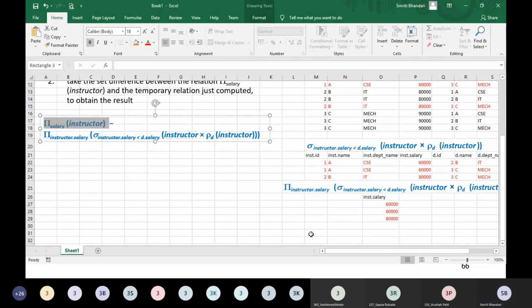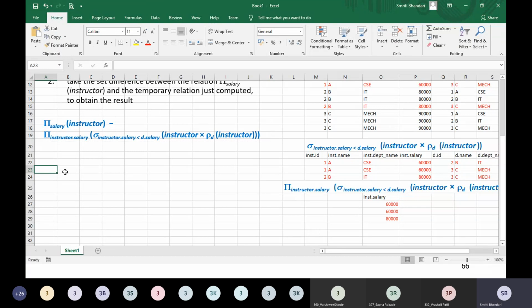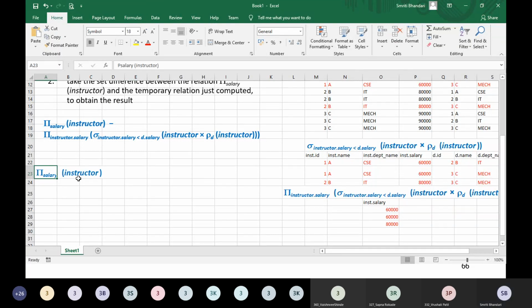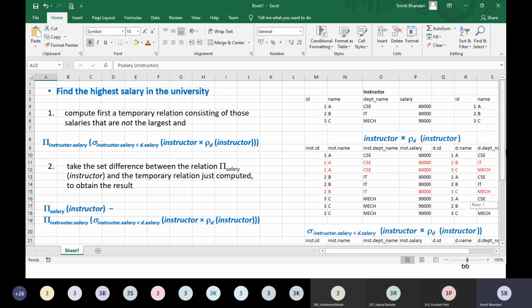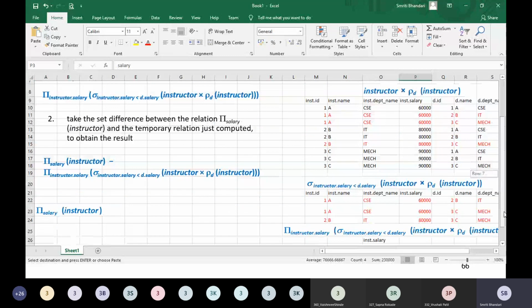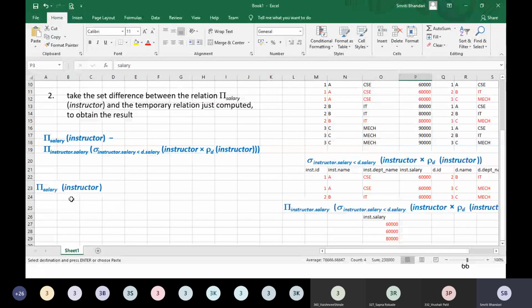So what is the output of this? Projection salary from instructor will be having only this column as the output. Correct? Do you agree with me?